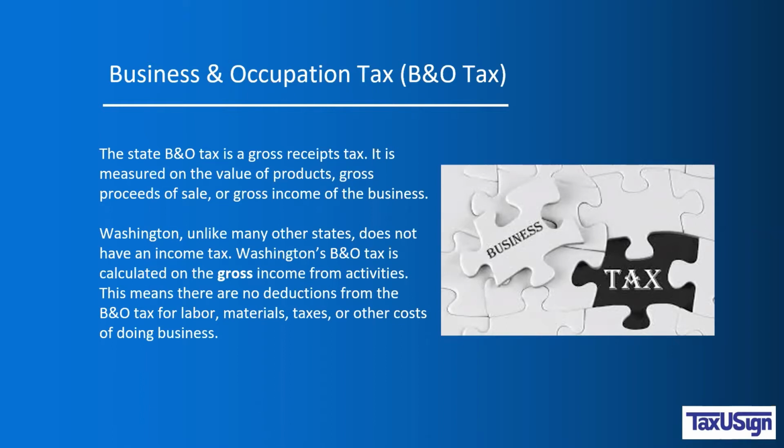So Washington's B&O tax is calculated on the gross income from activities. This means there are no deductions from the B&O tax for labor, materials, taxes, or other costs of doing business. Washington Department of Revenue looks at your gross income, all the money that you receive from your customers.